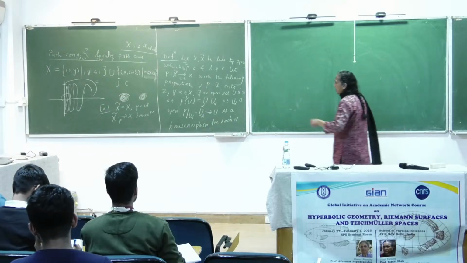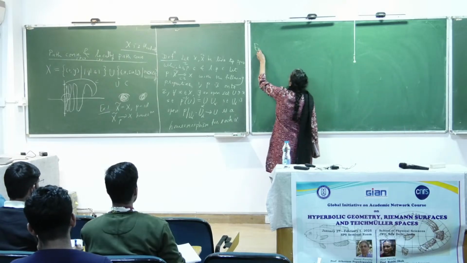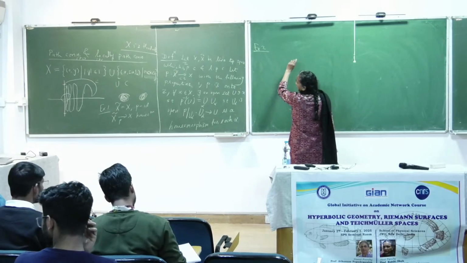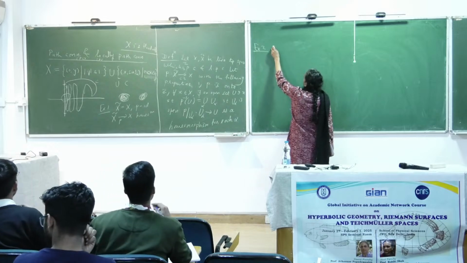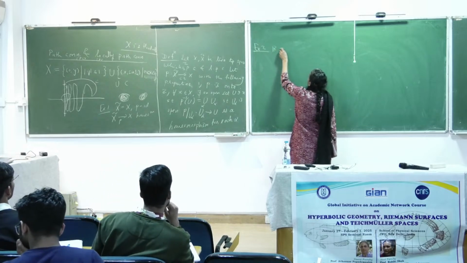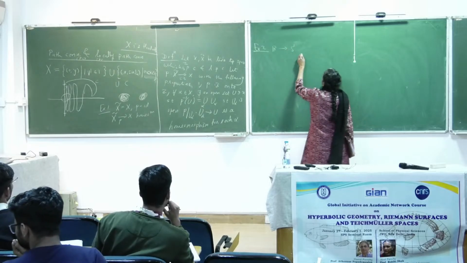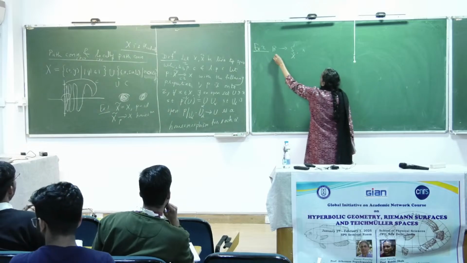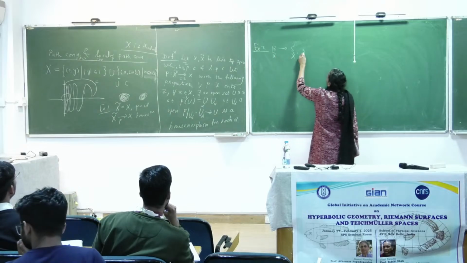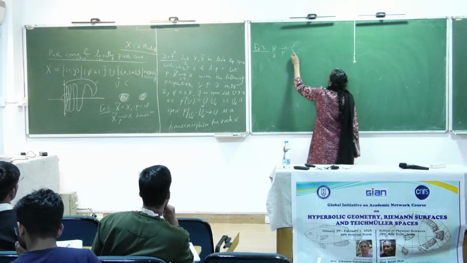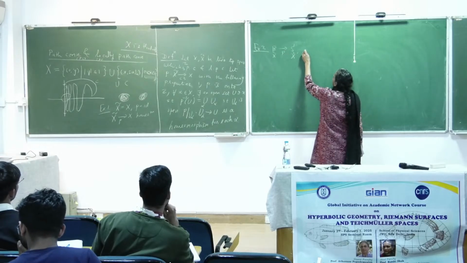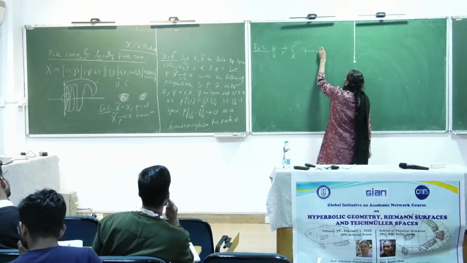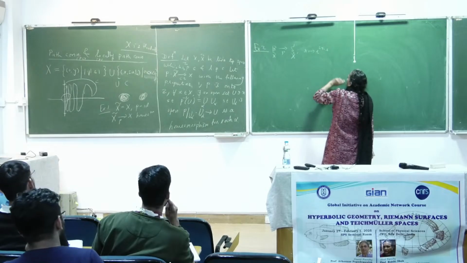For example, let's take a second example. The second example is let's take the real line R to S1, where R is my X tilde and the circle is my X, and the map P, it has to be continuous of course, is let's say r in R is mapped to e to the power 2 pi i r.